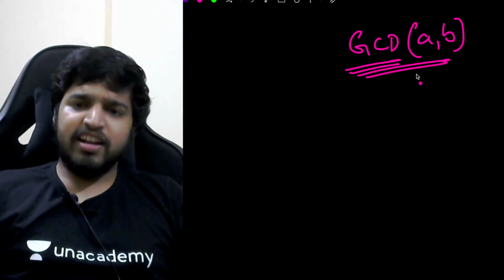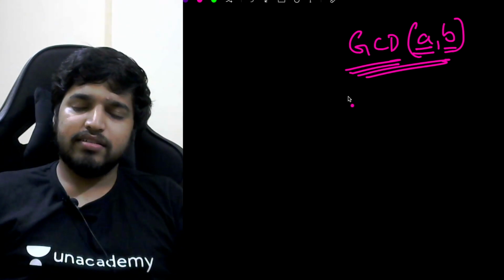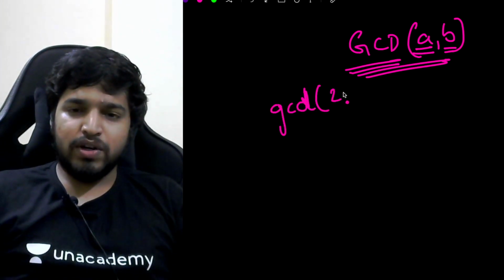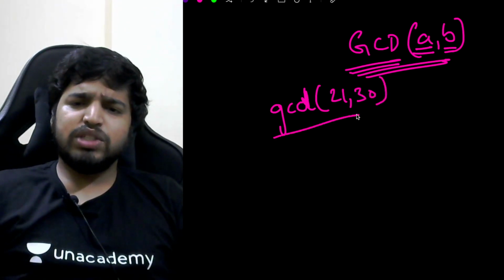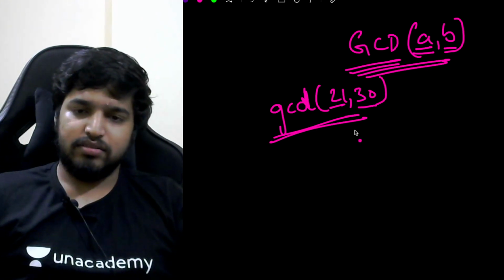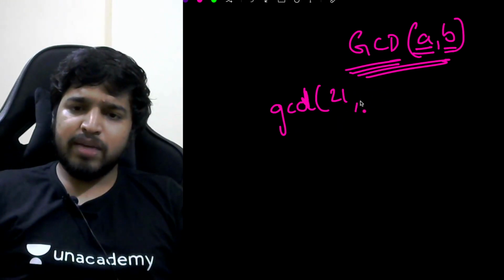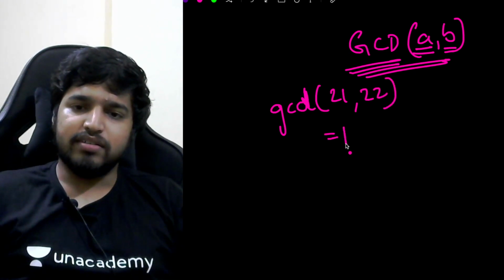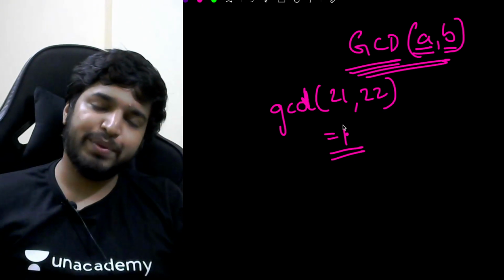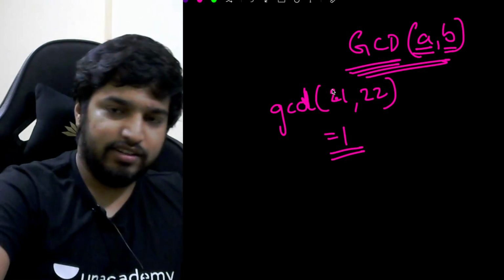It's the largest positive integer which divides both a and b, meaning GCD of 21, 30: 3 is the largest number which divides both 21 and 30. Got it? GCD of 21, 22 is 1 because there's no number more than 1 which divides both 21 and 22. Okay. Got it. Now we got this clear.